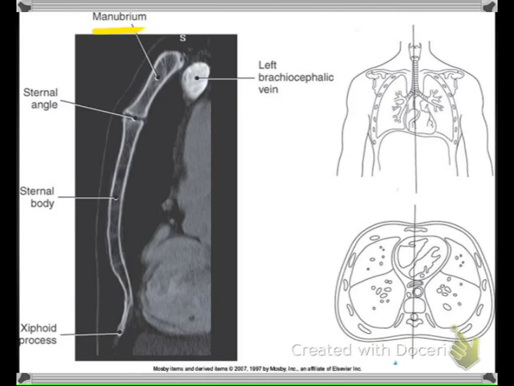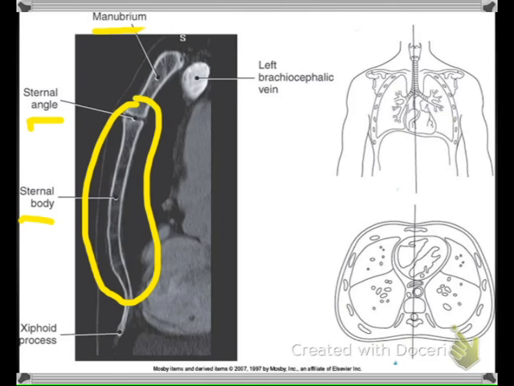We also see the sternal angle, which is here, and notice that it creates a prominence right there due to the joint. And then the longest portion of the sternum is the body, which comprises this large portion.